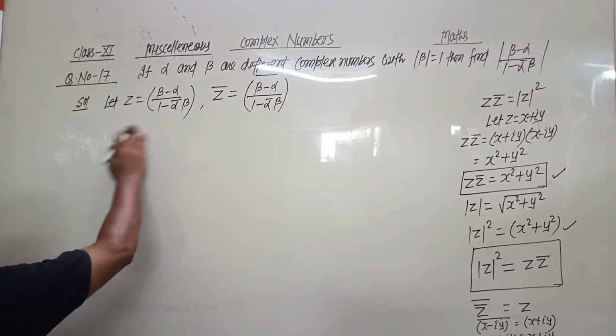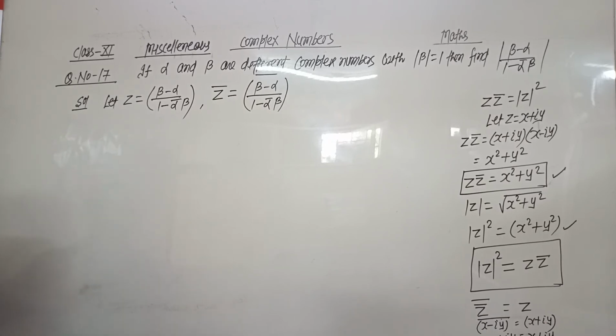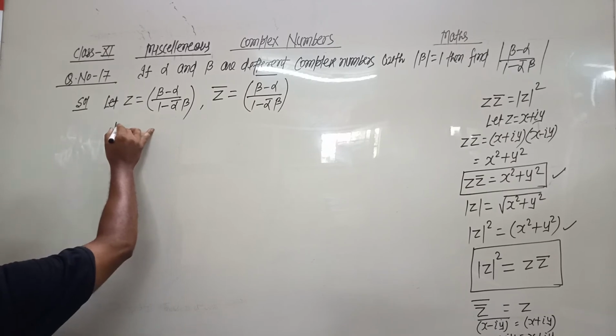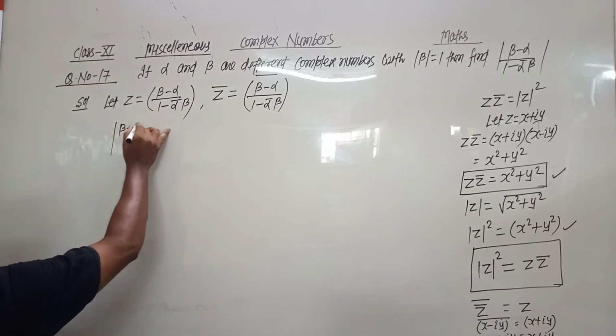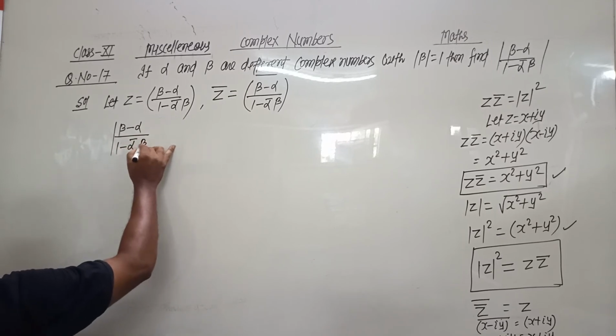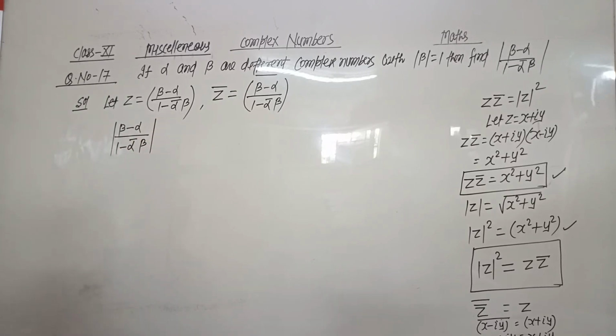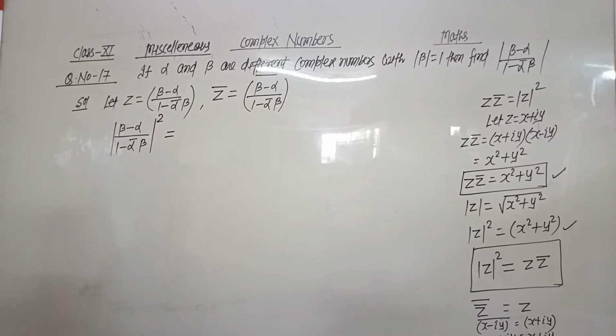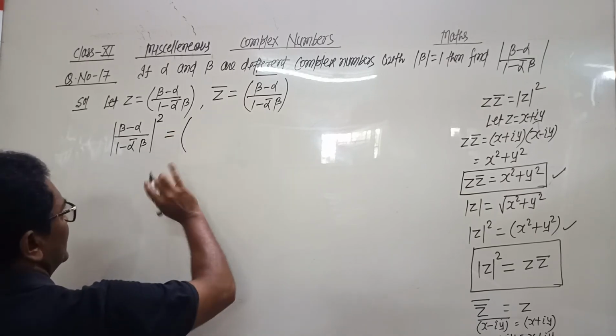We firstly find mod of z. We find mod of z, meaning mod of beta minus alpha upon 1 minus alpha bar beta. So mod of z the whole square equals z into z bar.